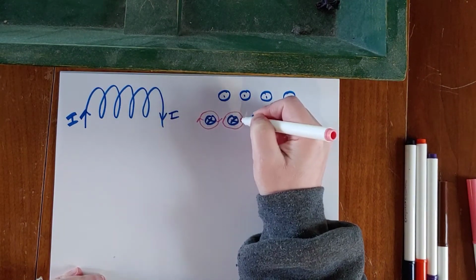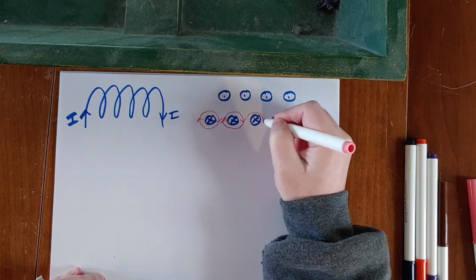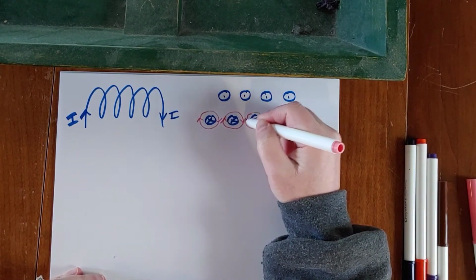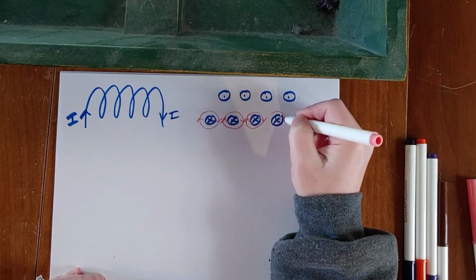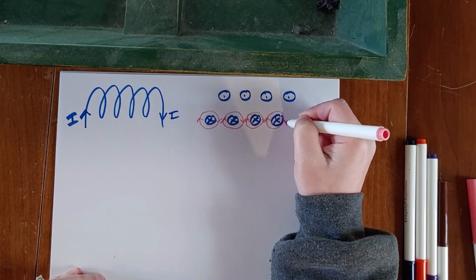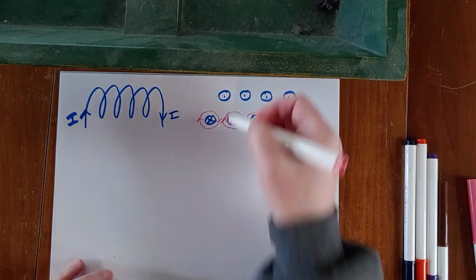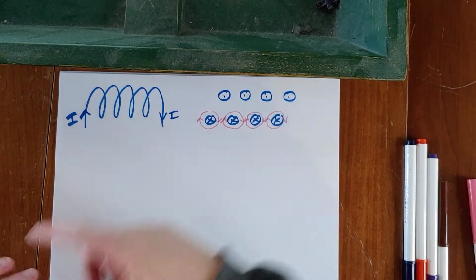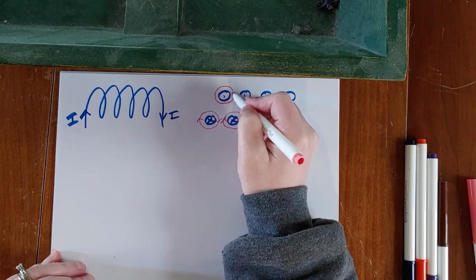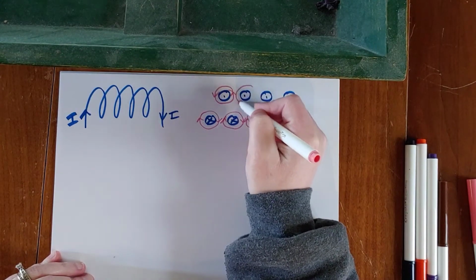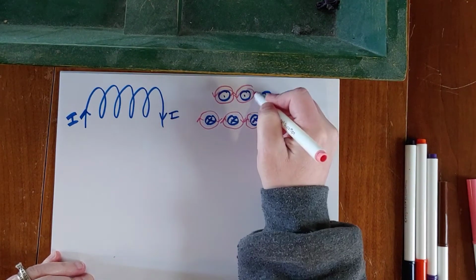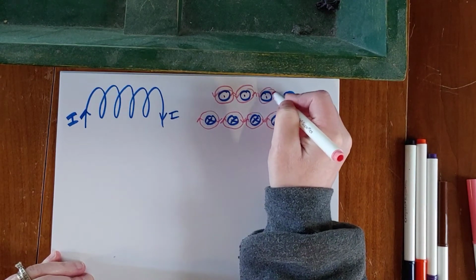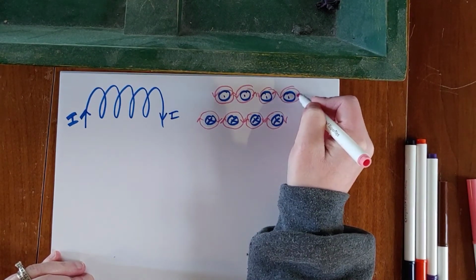This was all just the current from each of these. You can do the same thing up here. We get thumb, here's our magnetic field. So it looks like that.